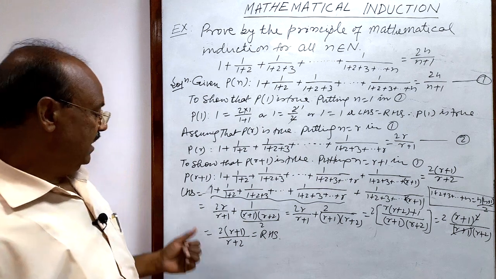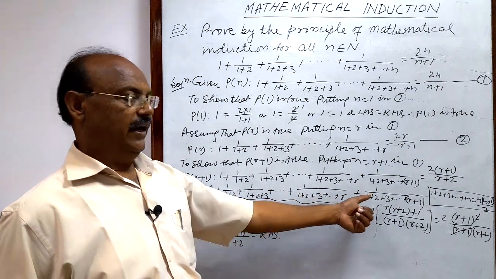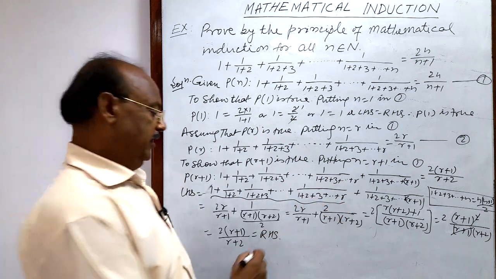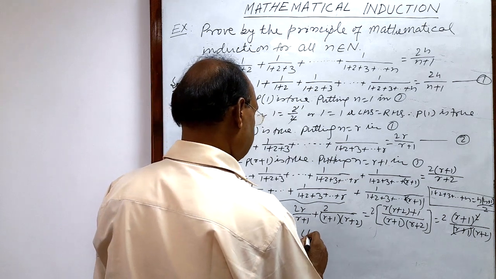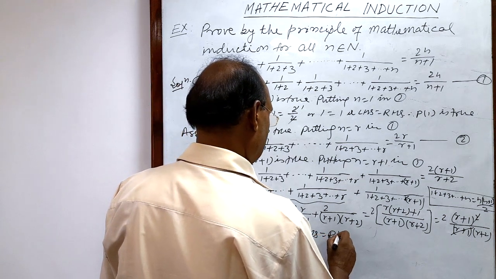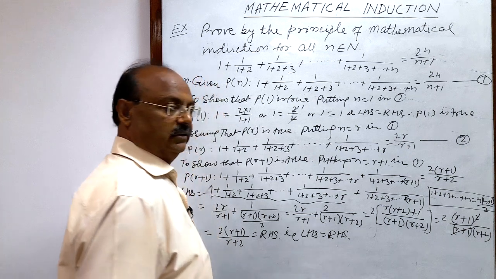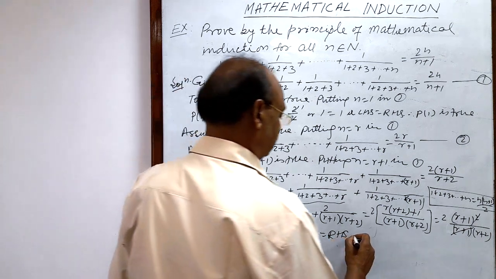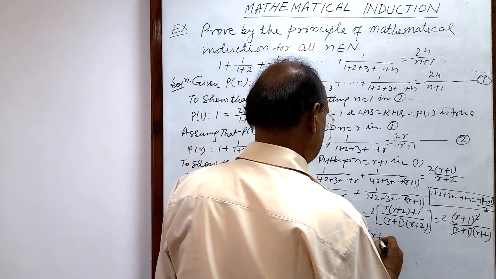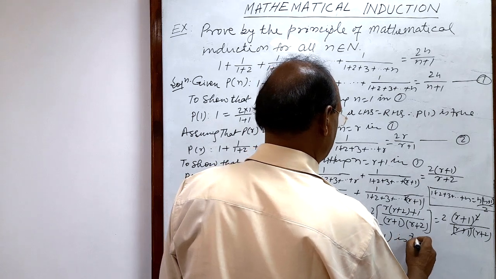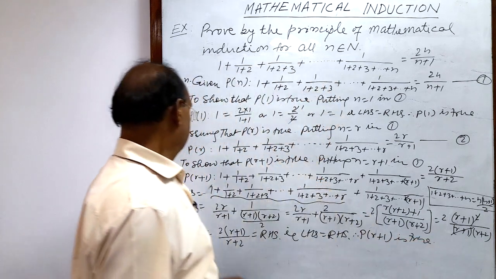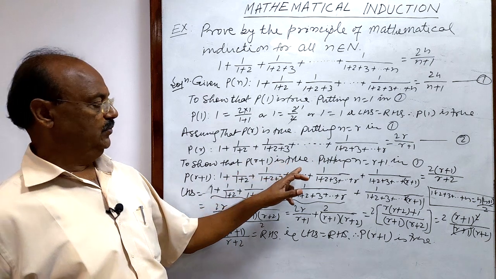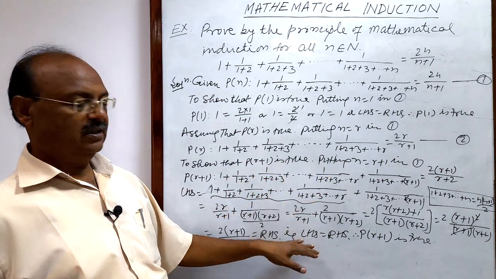So you see we started with the left hand side and we have come to the right hand side. It means LHS is equal to RHS. Therefore P(r plus 1) is true, which we had to prove. So this is the third step.